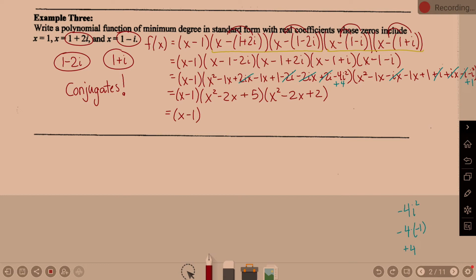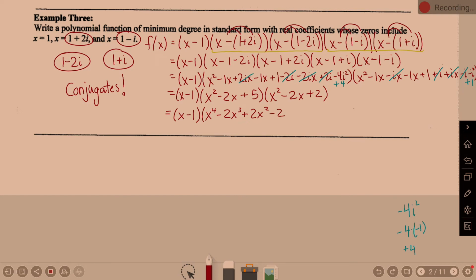And I'm going to follow the same process I've been following all morning, right? So x squared in the first parenthesis times everything in the second parenthesis. x to the fourth minus 2x cubed plus 2x squared. Then it's negative 2x in that first parenthesis times everything in that last parenthesis.